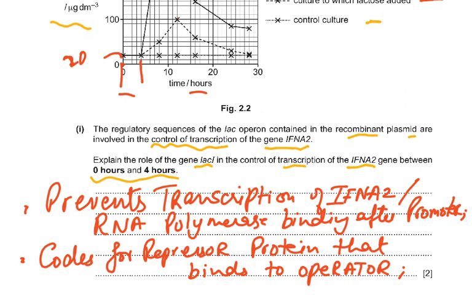So it prevents transcription of IFNA2, or you can say RNA polymerase binding after the promoter. So a little bit of transcription is still taking place. It codes for the repressor protein that binds to the operator, but even if it binds to the operator, even then some of it is still being made. It's only 20 micrograms per dm cube, but it is being made.